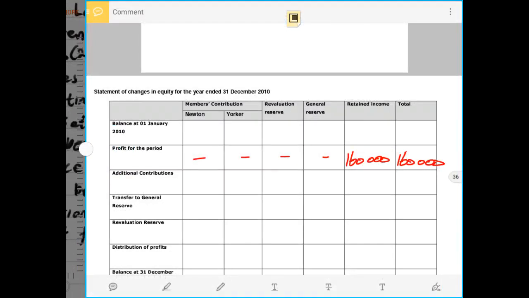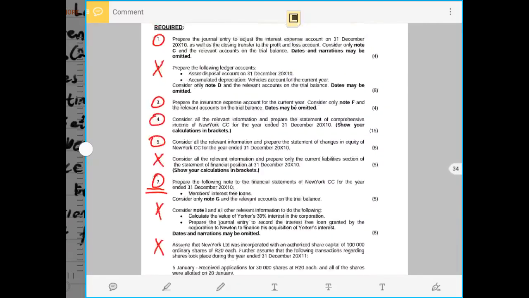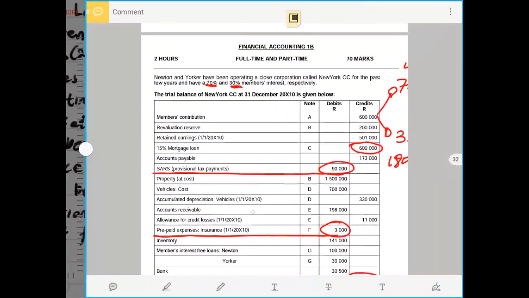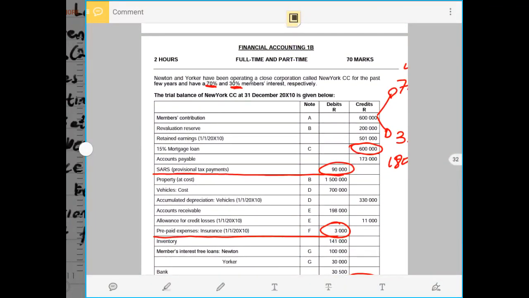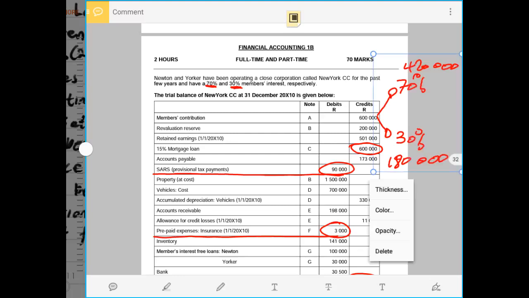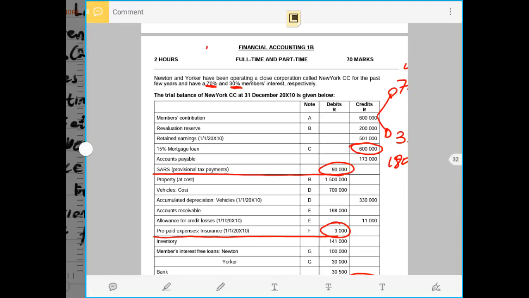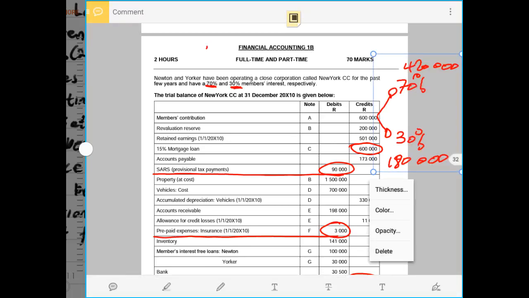So now I can start with the statement, recording the opening balances. We have calculated the members' contribution. I think it was 420,000 rands and 180,000 rands. I think it was like that when I did my calculations. We had 420,000 rands and 180,000 rands.